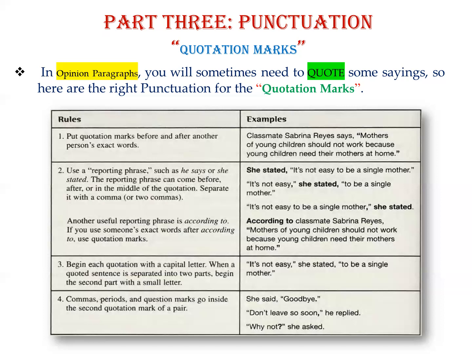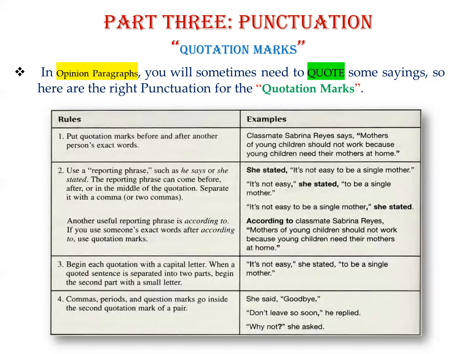Also, you can choose according to. We discussed this, okay, we discussed this previously in this chapter. According to classmate Sabrina Reyes, we said that after according to, you put the name of the person who said this outside information. Then you say what he has said.